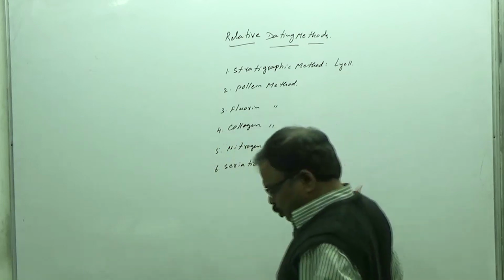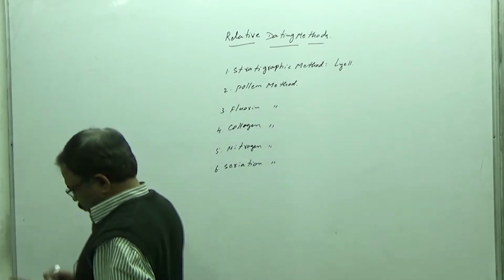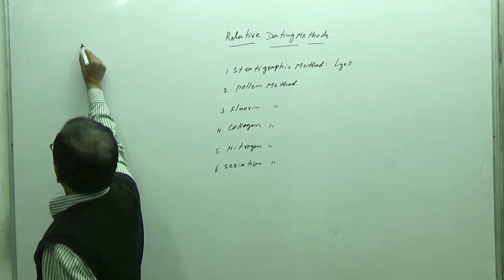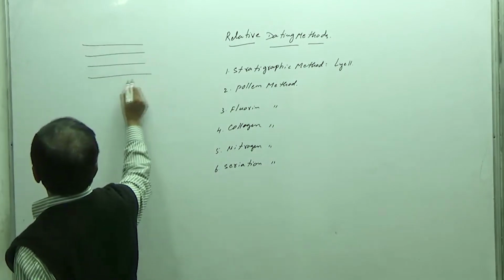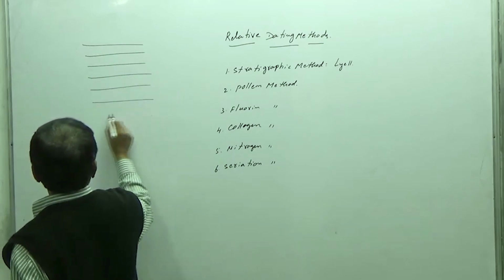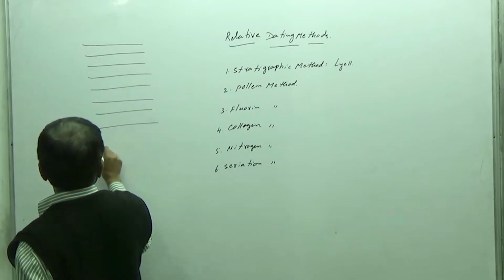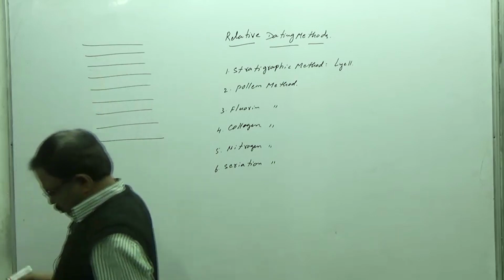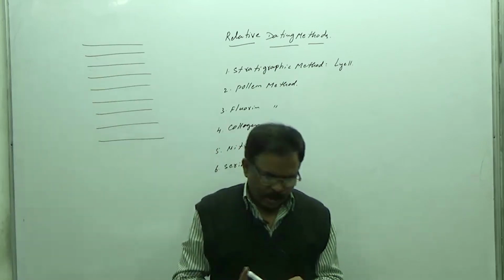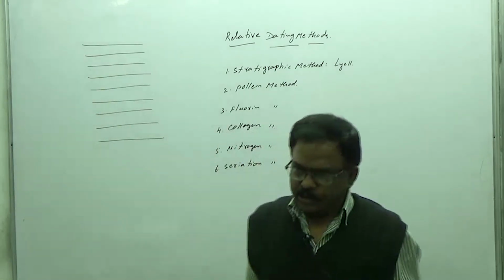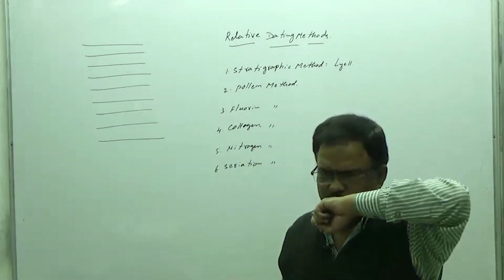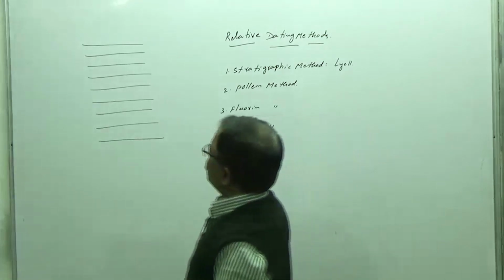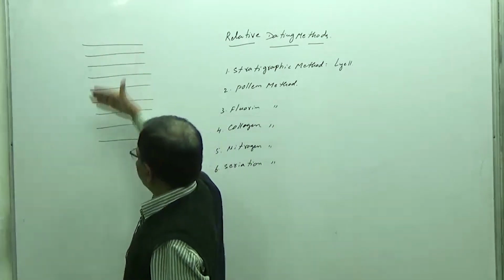See, this is a very simple method, not at all extraordinary. Archaeologists, geologists or paleontologists first select one site, which may be a river basin or a mound. They select one site, then dig it vertically.